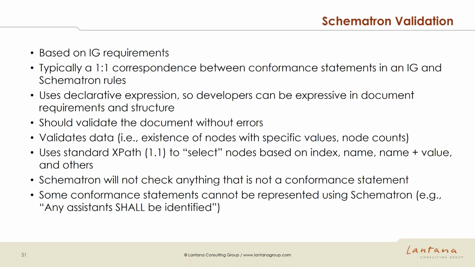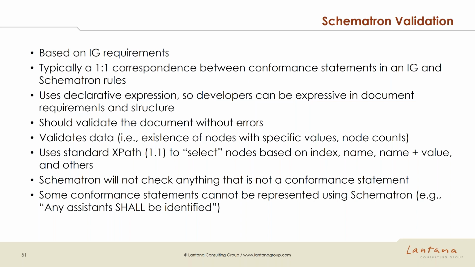But it's also important to note that there are some conformance statements sometimes in implementation guides that unfortunately cannot be represented using Schematron. So an example from Consolidated CDA is there's a template that defines procedures, for instance. And one of the things that it notes is that any assistants, any folks that were assisting with the procedure, shall be identified in the document.